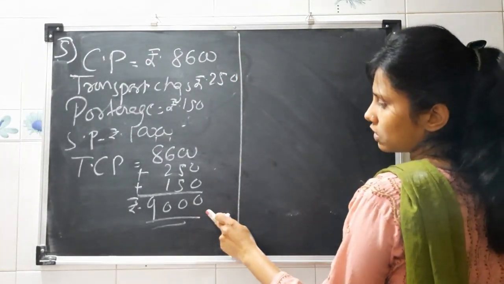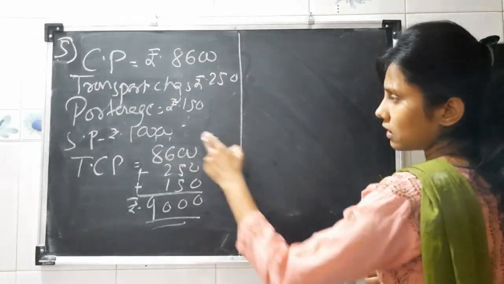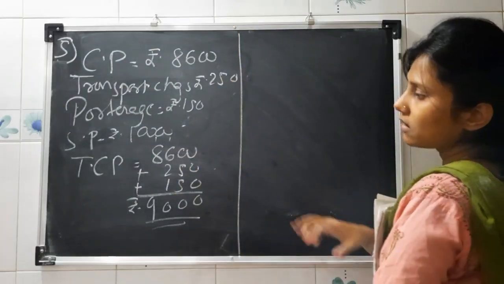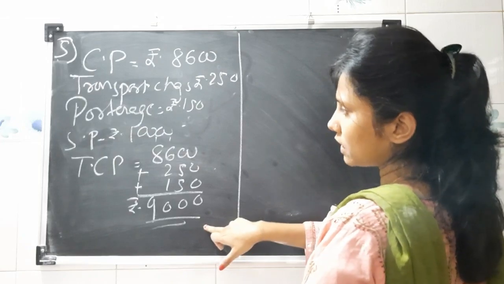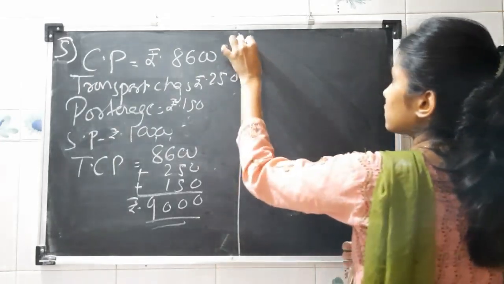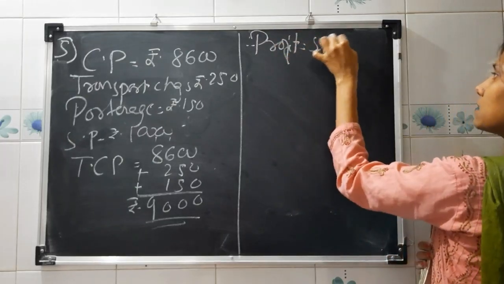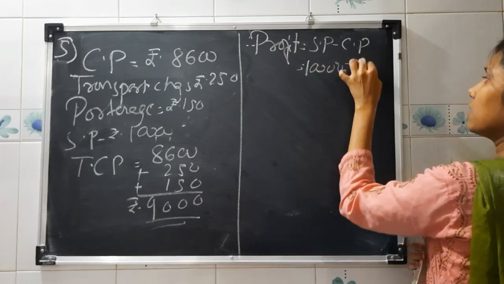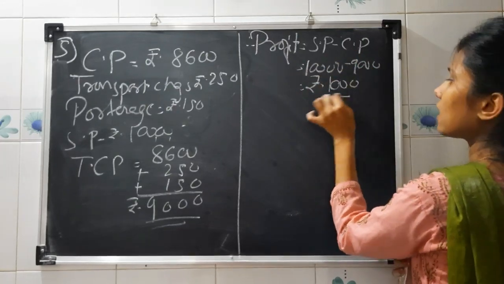Here cost price is 9,000, selling price is 10,000. So again selling price is greater, so it is a profit. You have to write here: selling price is greater than total cost price, therefore it is a profit. Therefore profit is equal to selling price minus cost price, 10,000 minus 9,000, a profit of rupees 1,000.